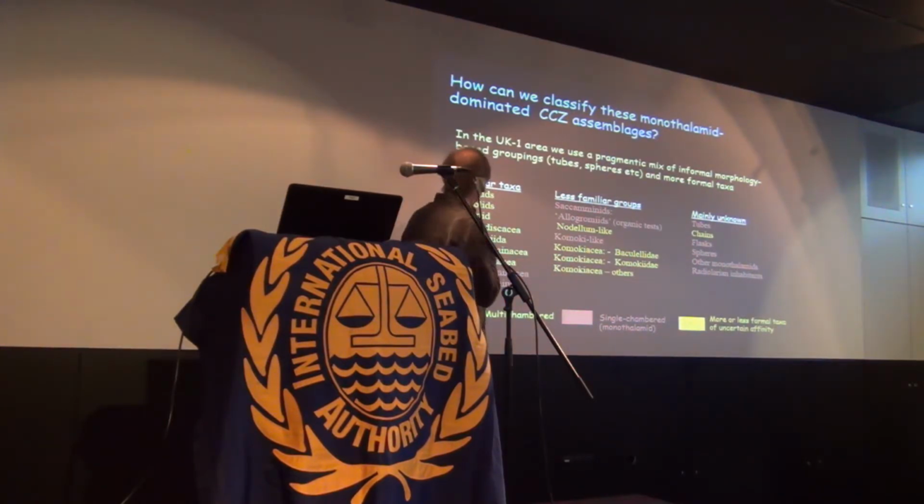Maybe I didn't explain this very well, but this is our classification system. It's just a pragmatic, morphology-based thing. So we really can't tell whether species A and species B are really different or the same, but the morphology looks different, right?